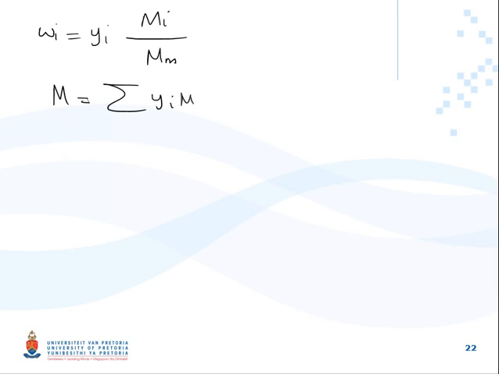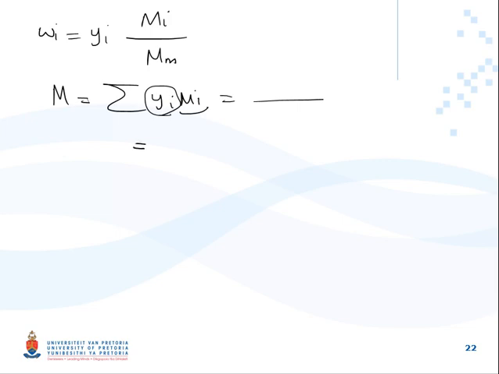Again, we know that the mass fraction is equal to molar fraction yi multiplied by Mi divided by M total, and we said that M total is the sum of yi Mi. We can calculate all of that because we have the y's and we have the M, because we can read it from the table.